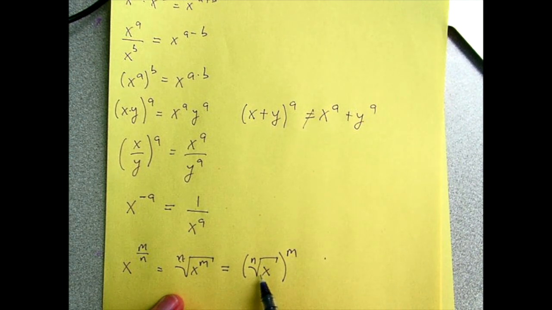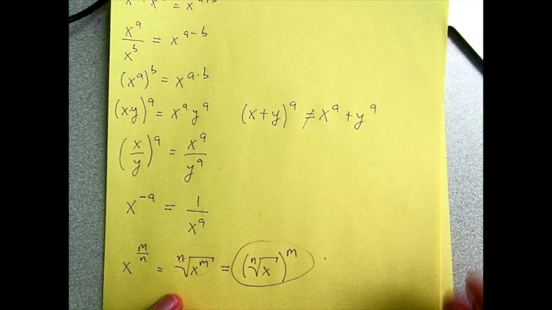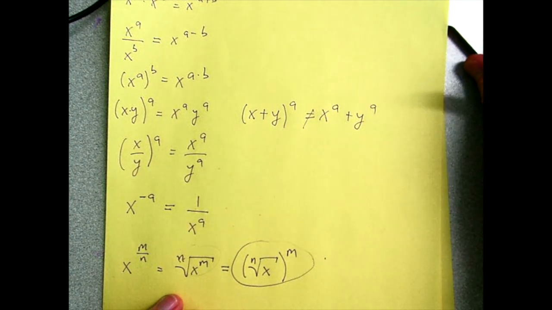Here you're taking the root first and then raising to the mth power. It's important to note that these two expressions are equal. In other words, it doesn't matter whether you raise to the mth power first or whether you take the root first. Oftentimes, this expression is easier to evaluate than this one, so it's good to know that you can represent it in both ways.